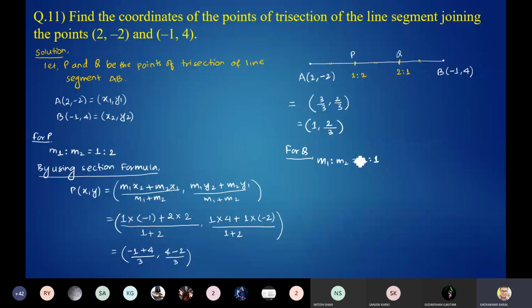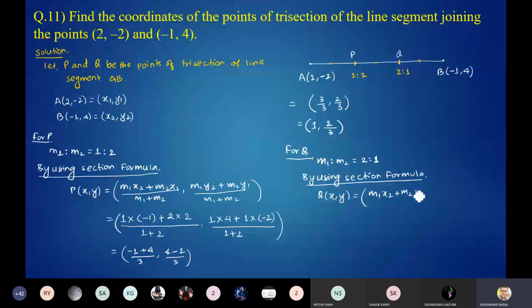By using the section formula, Q(x, y) is equal to (m1 x2 plus m2 x1) divided by (m1 plus m2), comma, (m1 y2 plus m2 y1) divided by (m1 plus m2). Okay, you just continue from here. Do it yourself after this.